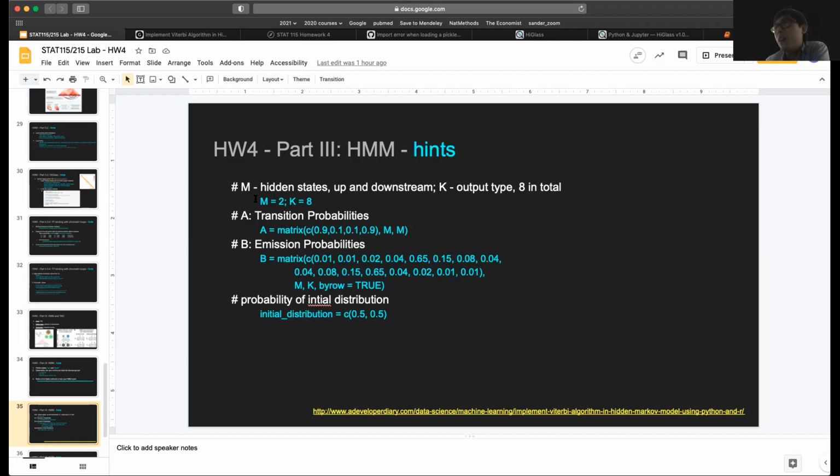From there, the transition probability between state A and state B would be 90% versus 10%. So we have 90% probability to stay in one state, and we have 10% probability to flip sides. And we can also define an emission probability, like we talked about, the observation probability.